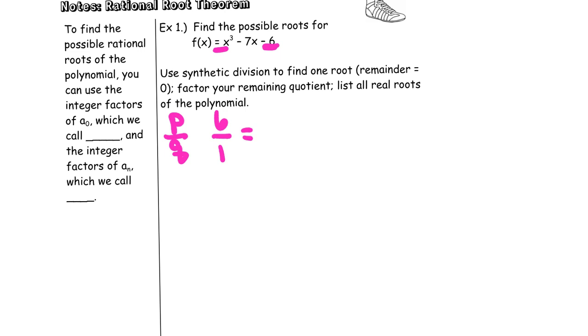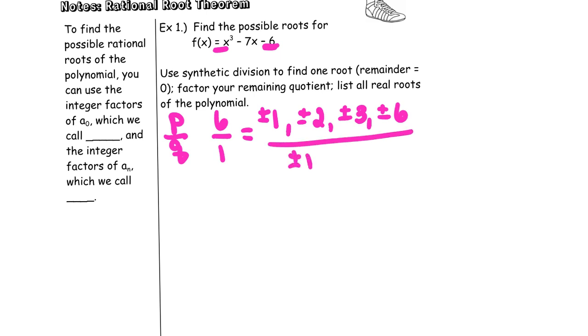So what I need is the factors of 6. So 1 will go into 6, plus or minus 2, plus or minus 3, and plus or minus 6. And then 1 is just plus or minus 1. So now we have to just put them together.